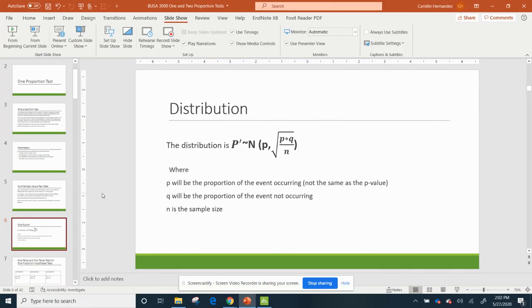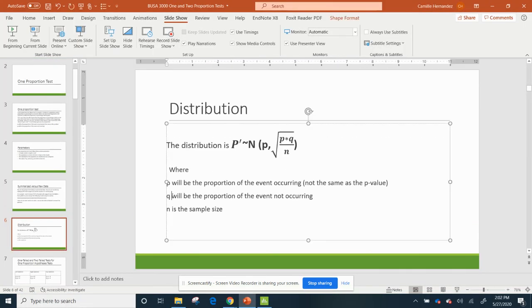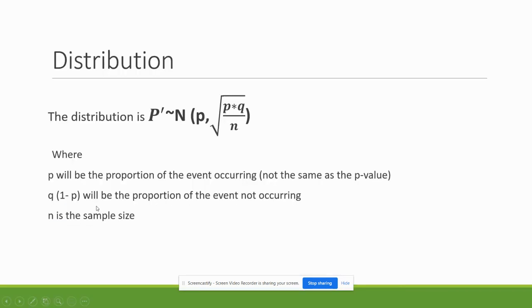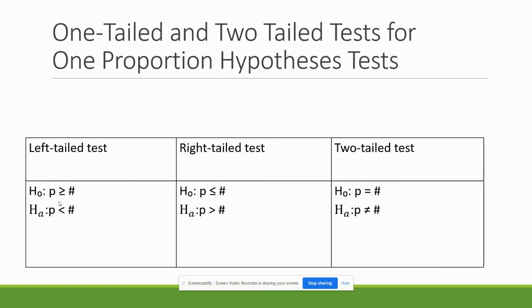I'm going to show you real fast. Q is 1 minus P. So if my proportion was 35% in my last one, my Q is going to be 65%, because if I convert 35 to 0.35 and do 1 minus 0.35, it equals 0.65. And n is my sample size. We'll do some of these, and we're only going to do these for 1 proportion tests.